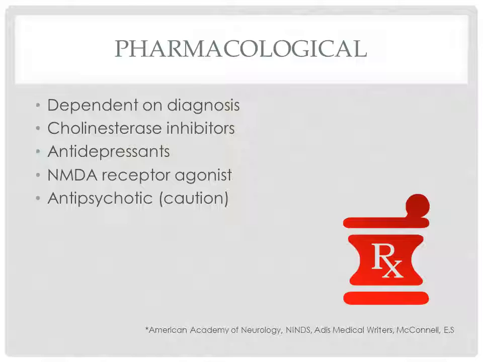Although antipsychotic medications can be effective, their use should be confined to those patients who experience true psychotic symptoms, examples being hallucinations and paranoid delusions, that are distressing and pose a risk to the patient and others, according to ADIS medical writers.